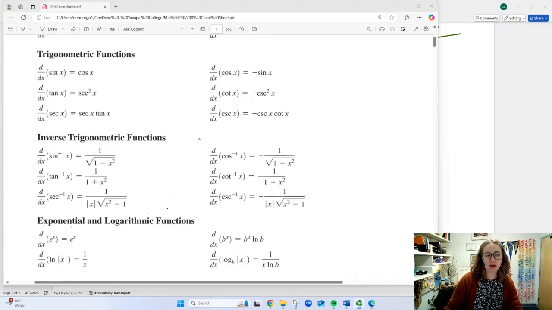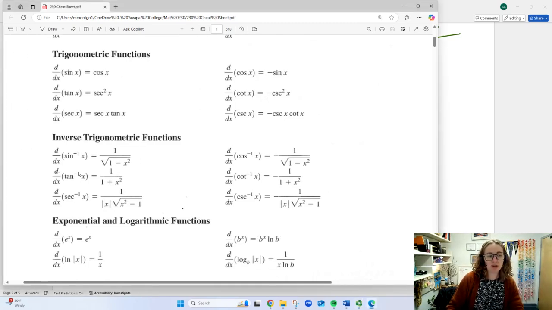I just pulled up our formula sheet because this integral looks really similar to our tangent inverse function that we have right here. So I just need a 1 plus, and then I can substitute anything in for my x. So I need to force this to be a 1 here.